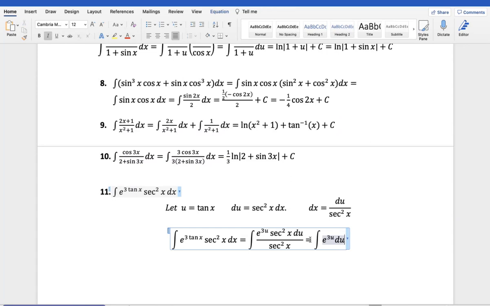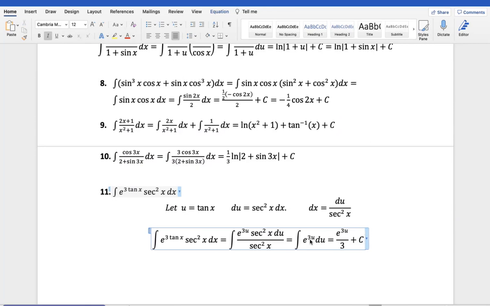If we go back to the video on the revision rules that we did before, we can see that for a specific case like this, this integral would just be equal to e to the 3u divided by 3 plus our constant of integration.